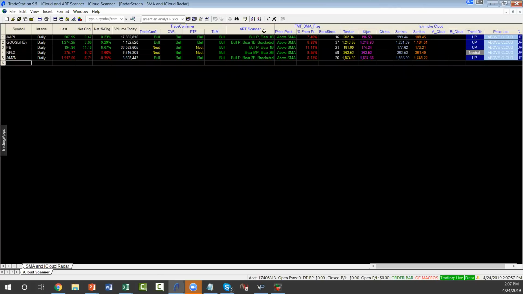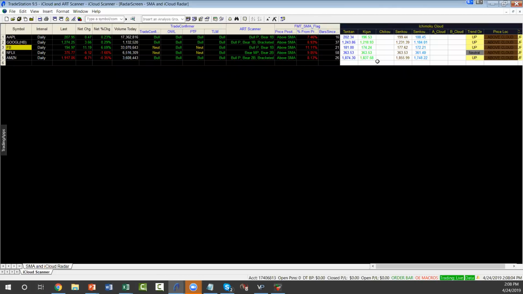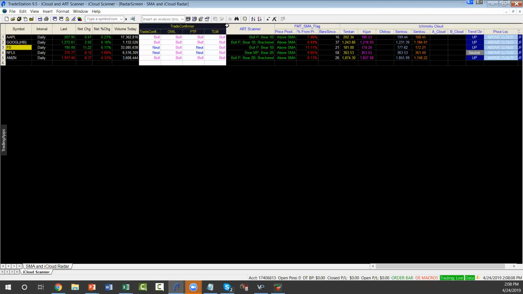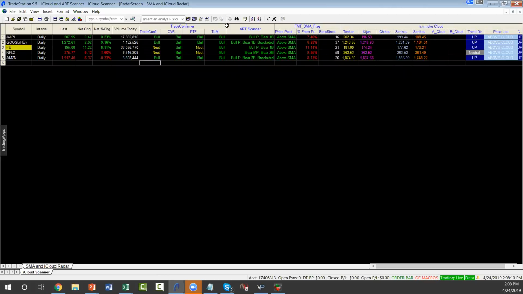So I use a combination of, I wrote this myself, the 200-day moving average crossover. Ichimoku Cloud is free. It's included on any legitimate platform. And then this Trade Confirmer, that's a commercial piece of software that Traders Coach provides. And I think it's really powerful. I've been using it for quite a long time, and it helps me find really, really good trades.